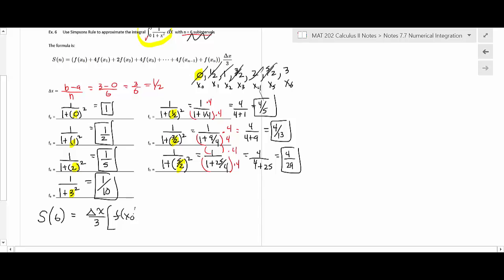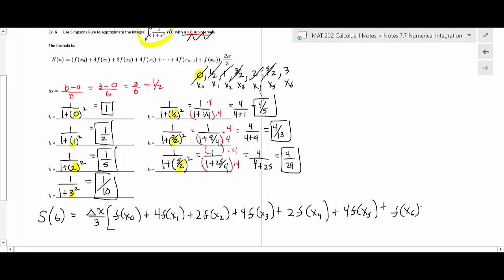You do f of x naught. Then you go to 4, f of x1. Then you go to 2, f of x2. Then you go back to 4, f of x3. Then you go back to 2, f of x4, then back to 4, f of x5, and when you get to f of x6, you just leave that the way it is.